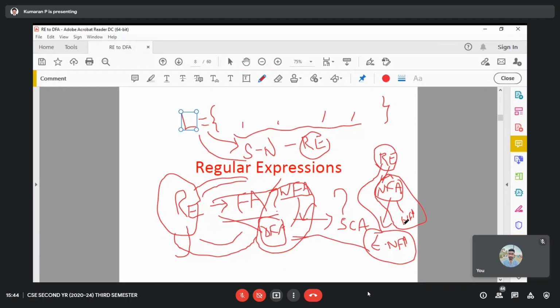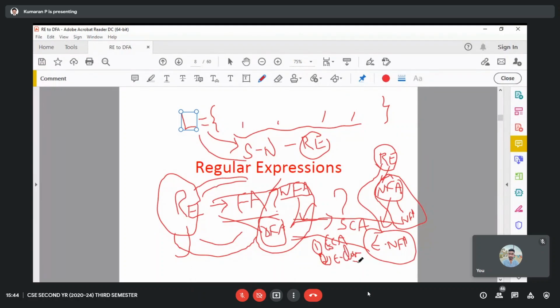Whether it is a direct NFA, we use the subset construction algorithm. If it is an epsilon NFA, there also we have two options: the subset construction algorithm, which we have to do with the epsilon-closure procedure. So there is one more sub-portion called the epsilon closure procedure.